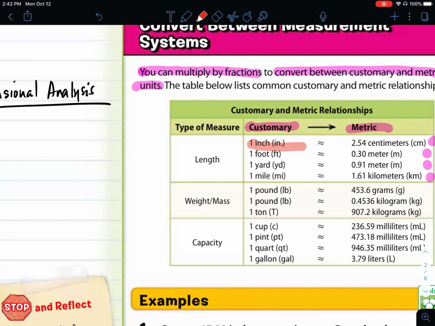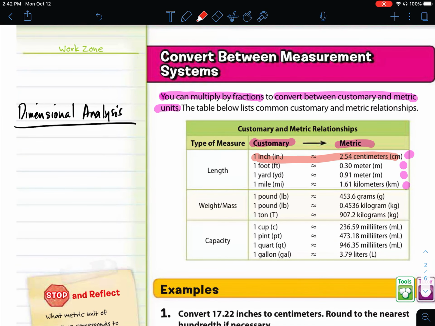We know that 1 inch is equal to 2.54 centimeters. Since they're equal, I can make that into a ratio. 2.54 centimeters is equal to 1 inch. I can make that into a ratio.